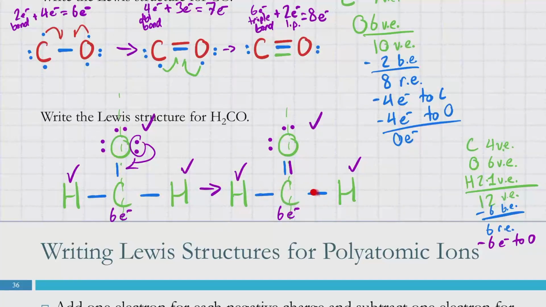So we've got 1, 2, 3, 4 total bonds, 2 singles and a double. So carbon is now also happy. Oxygen is still happy because it's got 2 bonds. That's 4 electrons plus another 2, 4. 4 plus 4, 8 electrons.